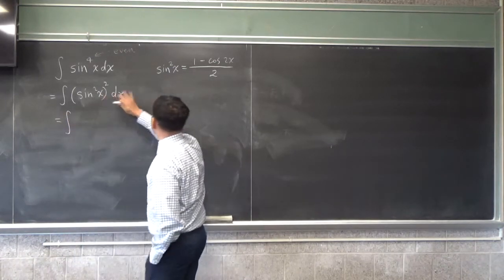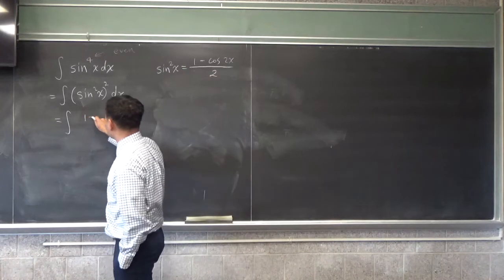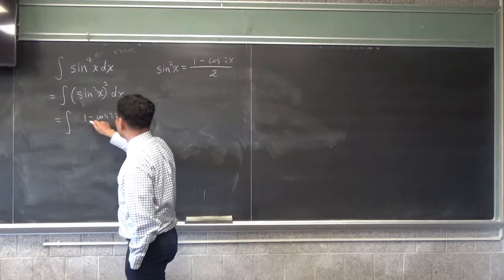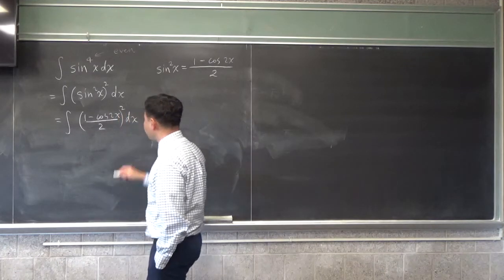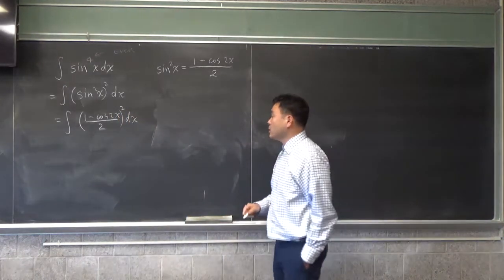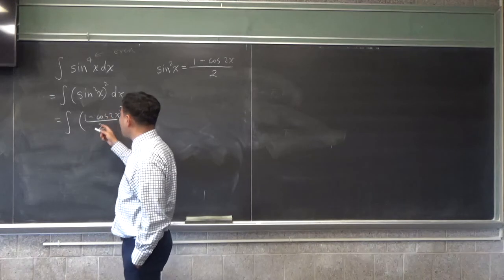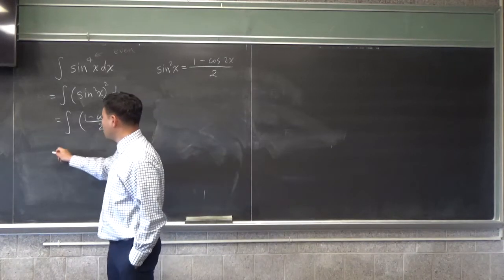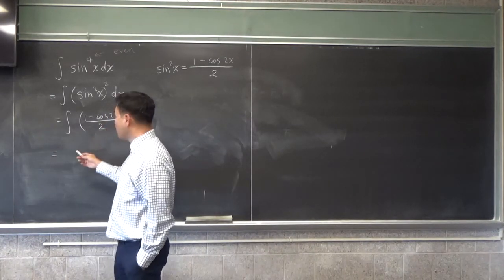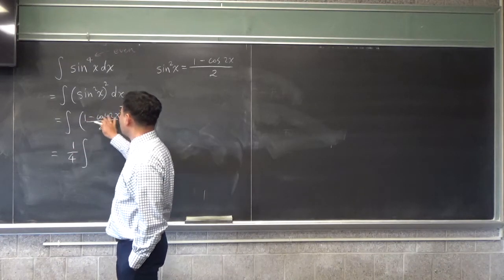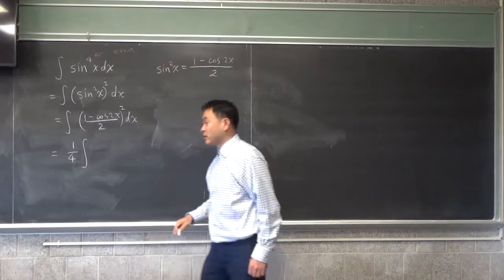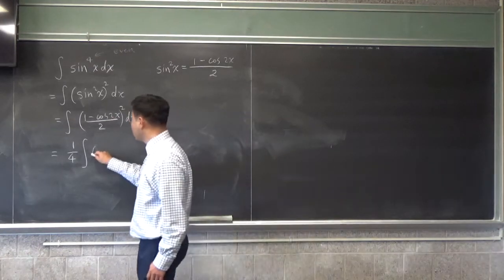Replace sine squared by this thing, 1 minus cosine 2x over 2, squared dx. And then you have to square the top and also the bottom. The bottom is 4, right? So you end up with the 1/4 outside. And you have to expand 1 minus cosine 2x.